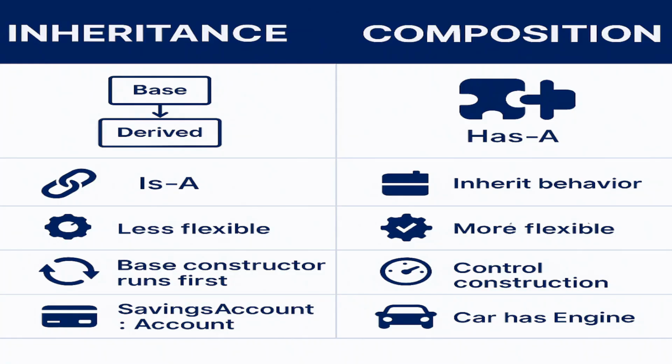There could be a ton of other examples. So wherever there is an is-a relationship, that is best fitted for inheritance, and that is where you can take advantage of it.